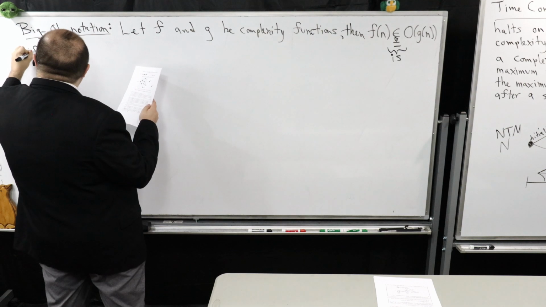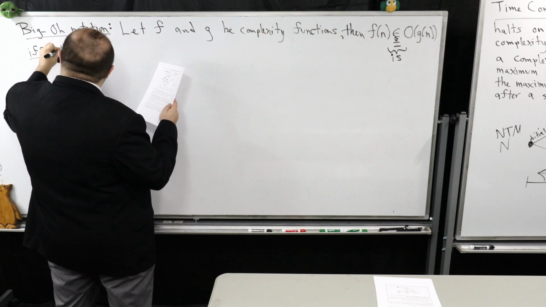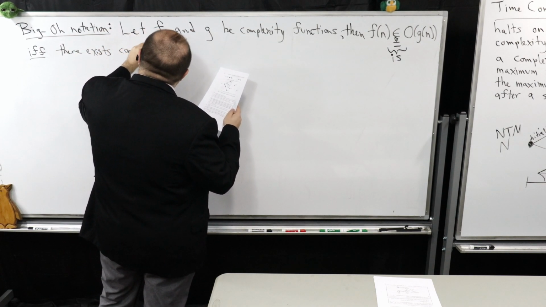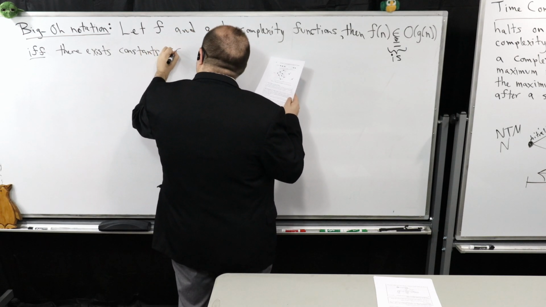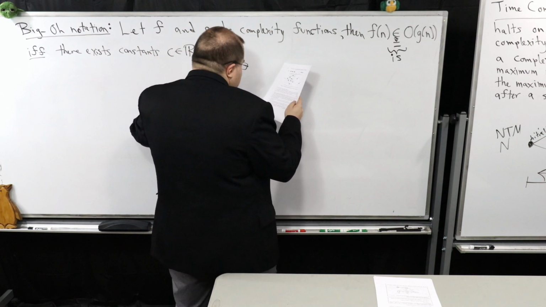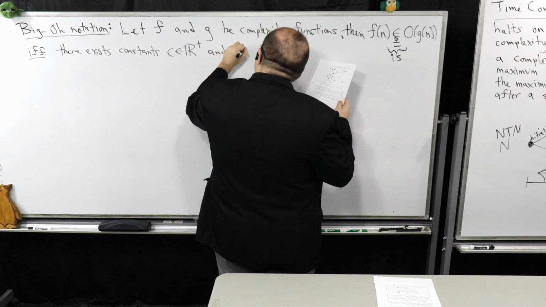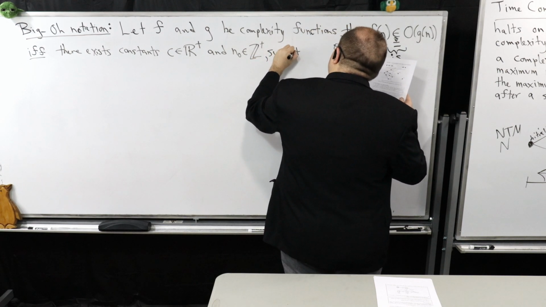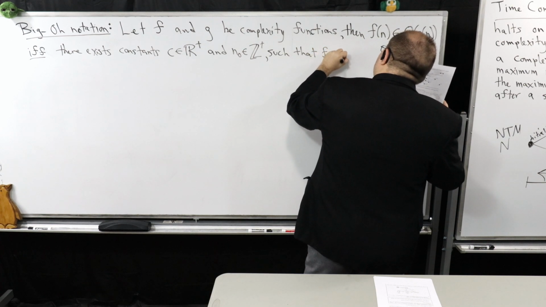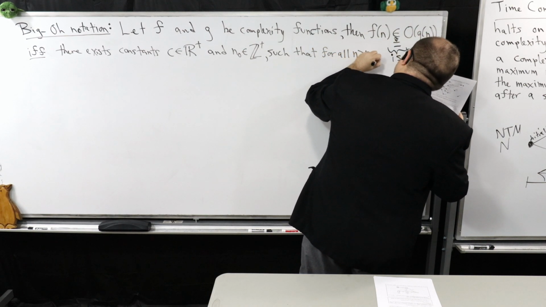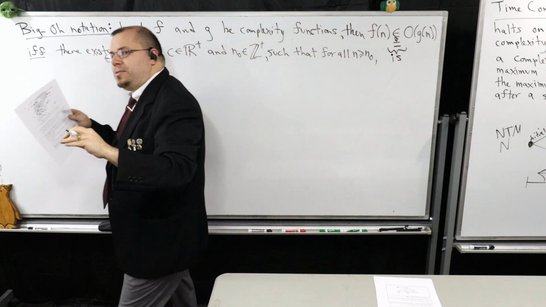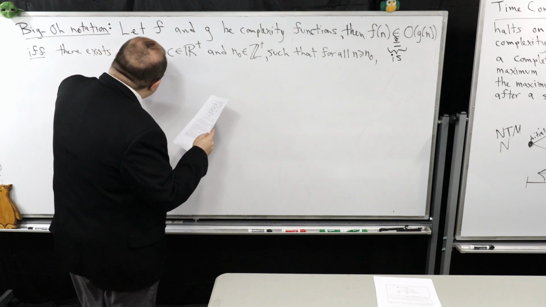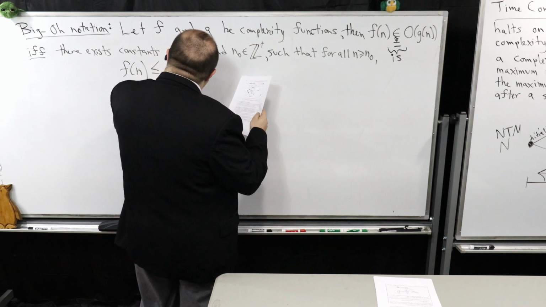If and only if there exists constants c, which is going to be a positive real number, and n0, which is going to be a positive integer, such that for all n greater or equal to n0, so there's going to be some point, this is going to be n0, this inequality is going to have to hold: f of n is less than or equal to c times g of n.